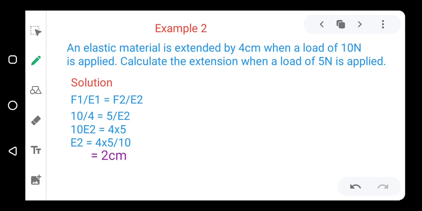Example 2. An elastic material is extended by 4 cm when a load of 10 Newton is applied. Calculate the extension when a load of 5 Newton is applied to it. Now from Hooke's law, F is equal to Ke.